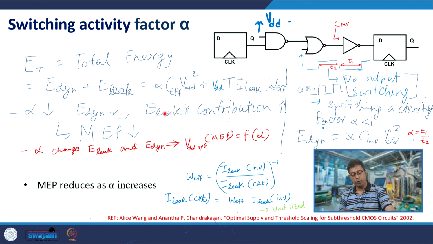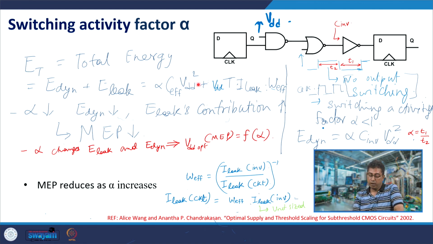So, now to optimize and reduce the leakage, when you reduce the VDD, what you find is that you increase time period T, and you reduce leakage current slightly. So, time period T increases exponentially and therefore total energy may increase.